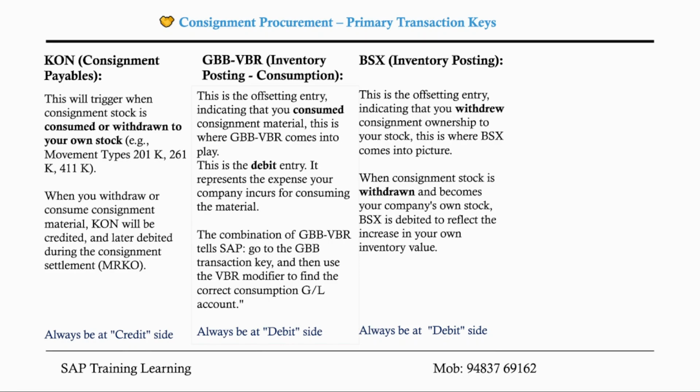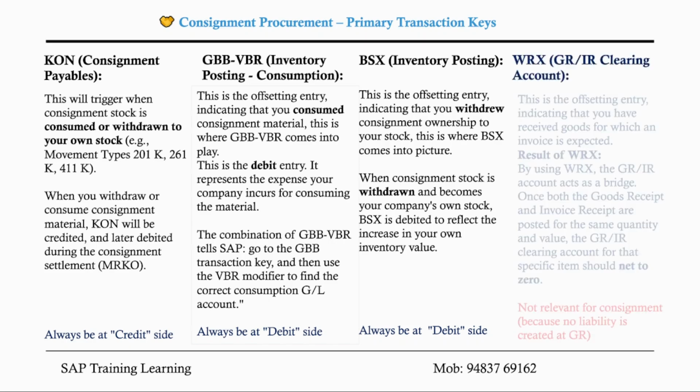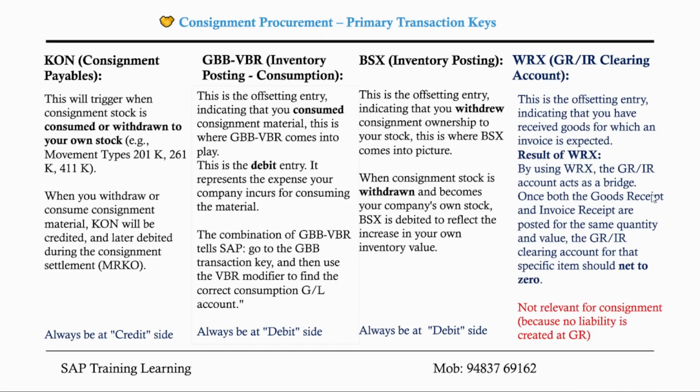And I would like you to also understand there is one more transaction key in standard purchase procurement, not in consignment procurement, but it is good to know that this is also an offsetting entry: WRX. You have seen WRX, right? This is also an offsetting entry.